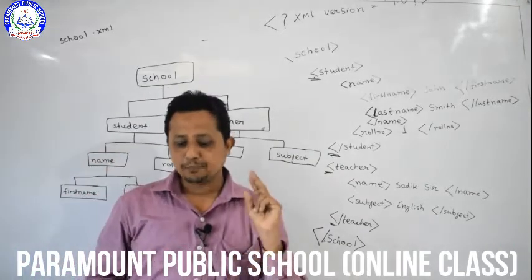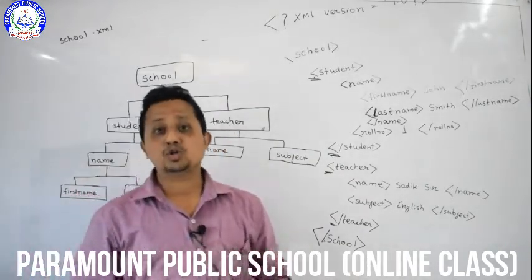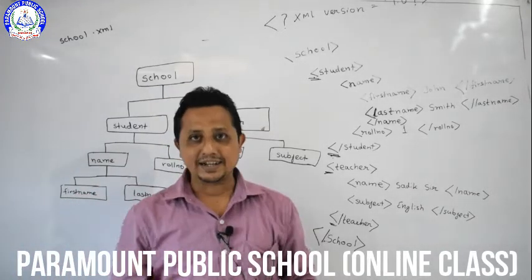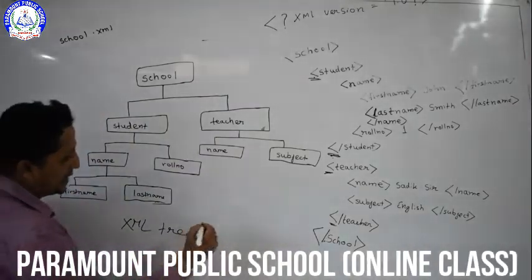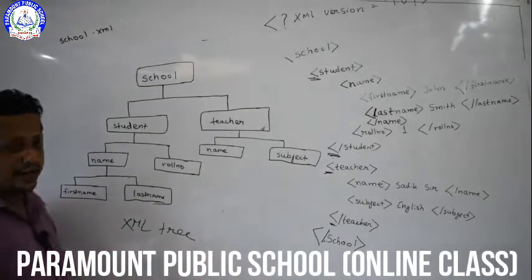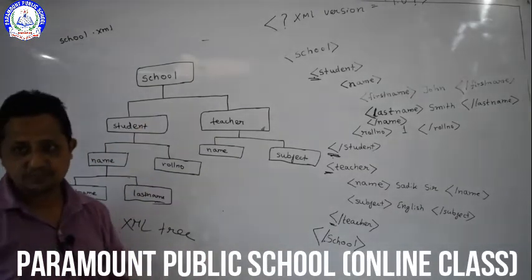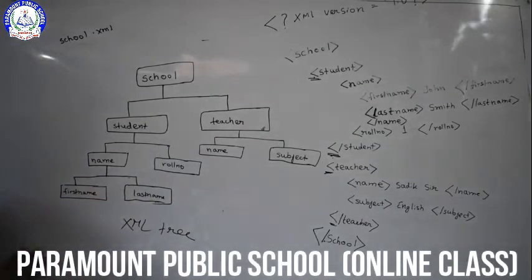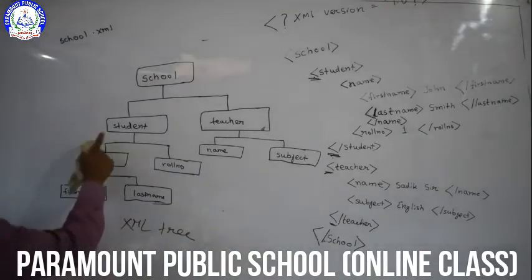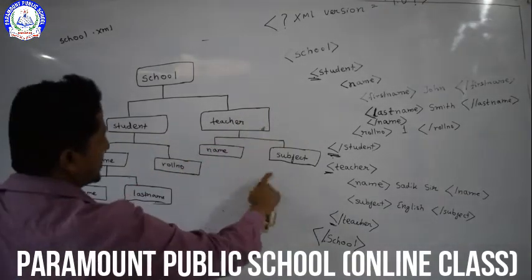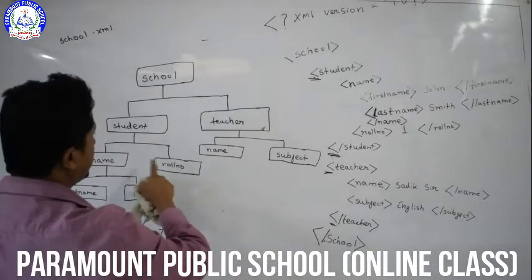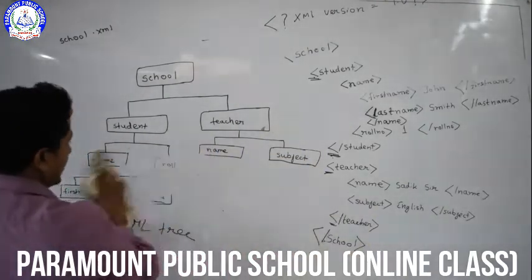A comment can be composed of a few words or of multiple words. Basically we write a comment like this. Okay, let me erase this tree structure. Hope you understand the tree structure. So I am erasing the tree structure: student, teacher, then name, roll number and name, subject.